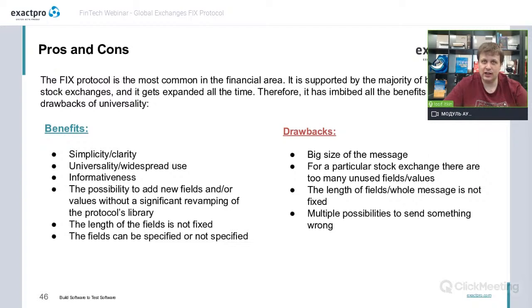Its actual implementation and list of fields differs from exchange to exchange, from broker to broker, but the encoding itself is standard. So when somebody is trying to implement a new trading system, it is easier for them to do it.